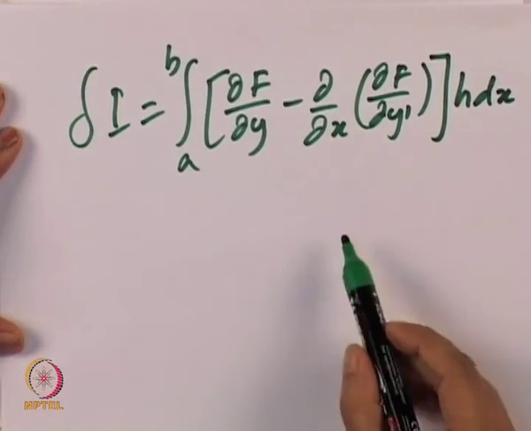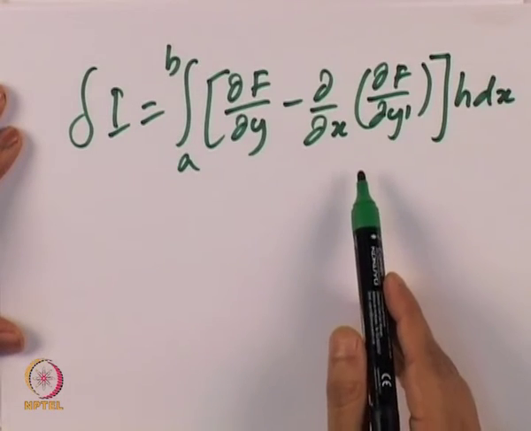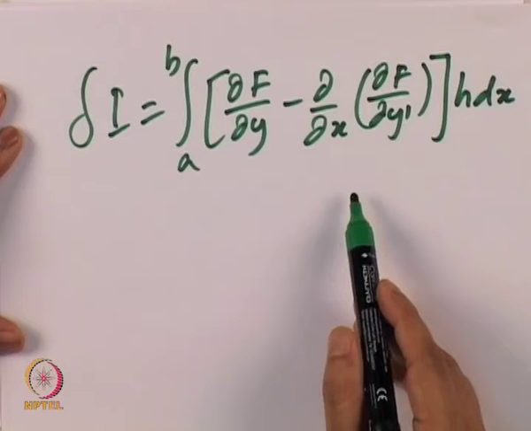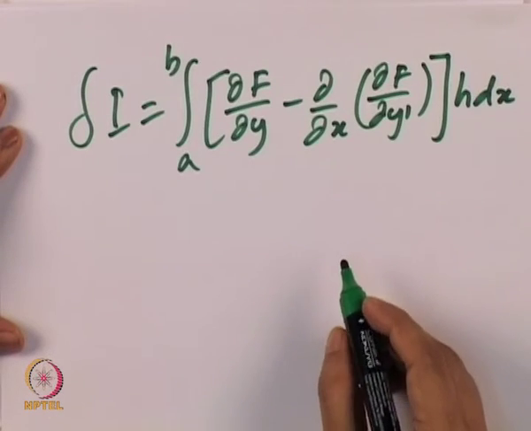We have applied the boundary condition to get rid of the second term, because at the boundaries, h of x at a and h of x at b is equal to 0, which we saw before.